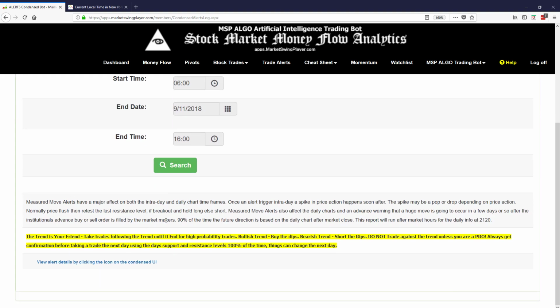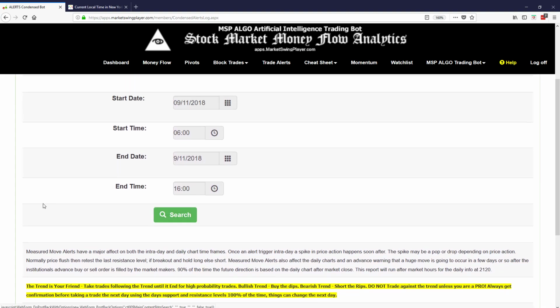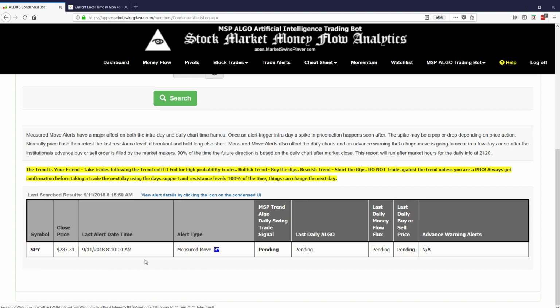And so if we click it for today, let's see if we got any. So we could see we got a measure move alert here, right? For today at 8:10. So price was 287.31. Let's look at the chart and see what that looked like.